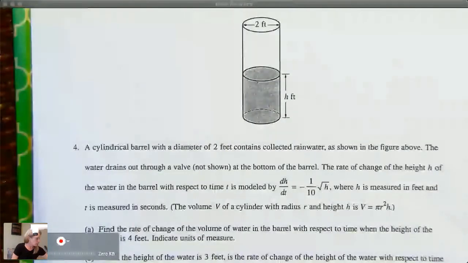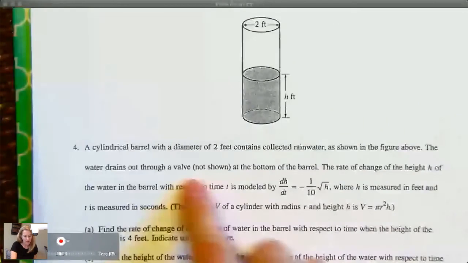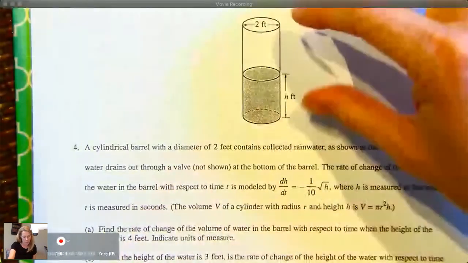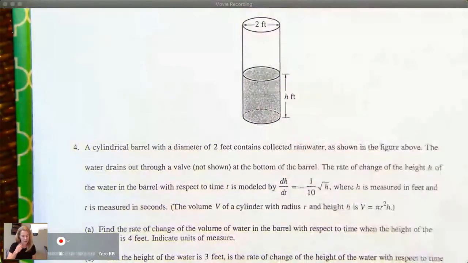And it is collecting rainwater, so we've got rainwater flowing into it, through a valve not shown at the bottom of the barrel. So we've got a certain amount of water being collected, and then it's draining out of the bottom.